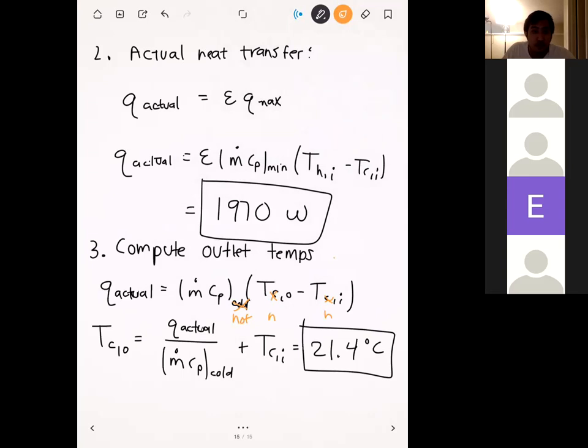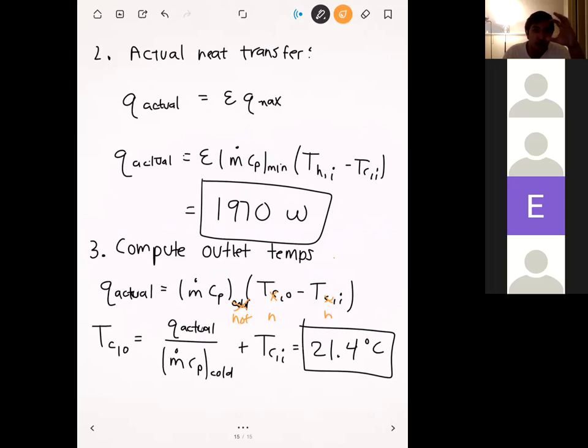When you were computing Q actual, why do you use m dot Cp minimum and not max? Yeah, that's a good question. So the reason we use minimum is because you can almost think of it as one fluid limiting the total amount of heat transfer to the other one, right? This is a good example because both fluids have the same Cp, but the total amount of heat transfer is going to be limited by the lower mass flow rate.